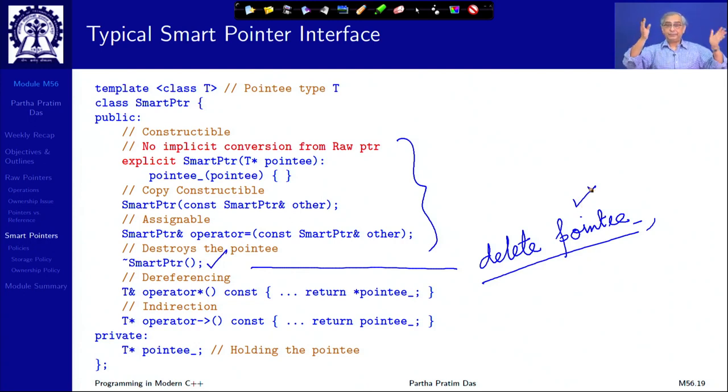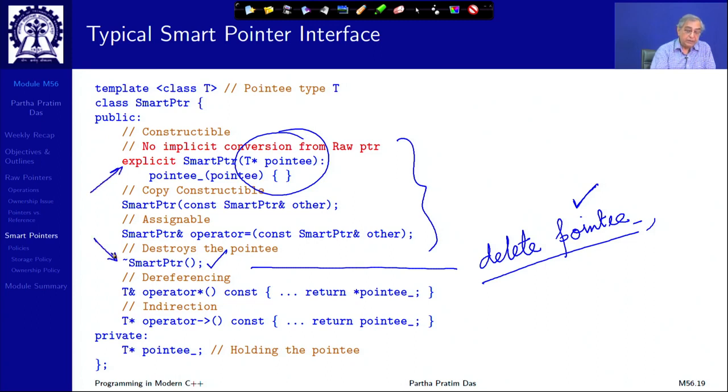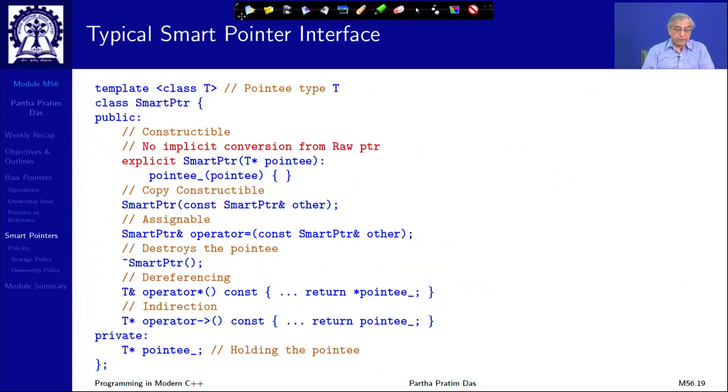So, now we can see that this pointy is basically a dynamically created object and is to be dynamically constructed and destructed, but its lifetime semantics is dependent on the constructor and the destructor, which we know pretty much can be used as an automatic object. Right.